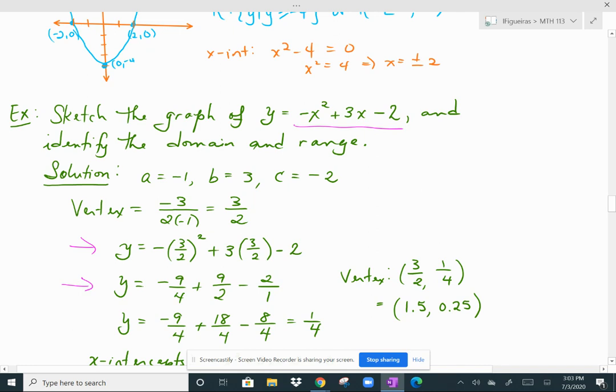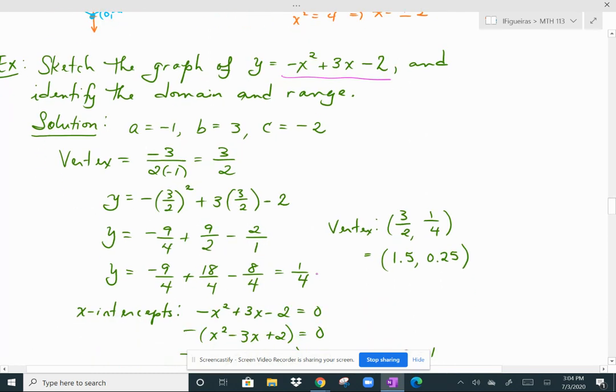So you can see that you're going to need a common denominator. The common denominator for 4, 2, and 1 will be 4. So this gets multiplied by 2, and this one gets multiplied by 4 in the numerator and the denominator. So you get -9/4 plus 18/4 minus 8/4. When you simplify that, you get 1/4.